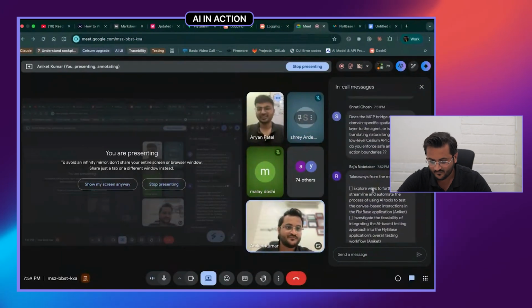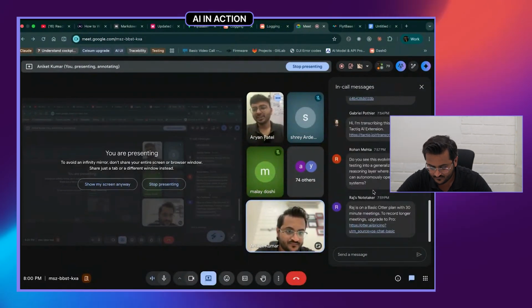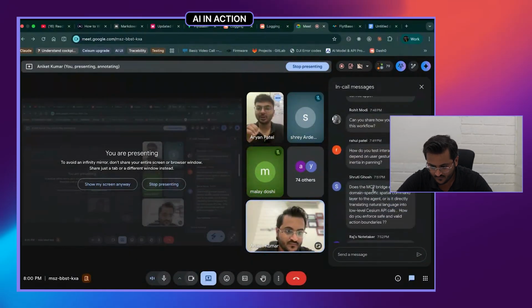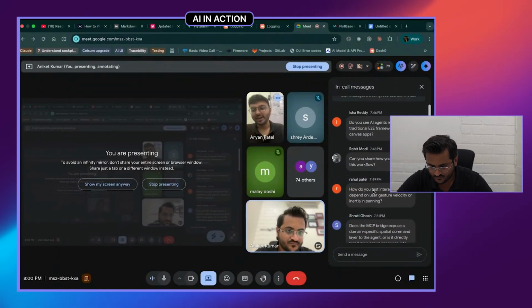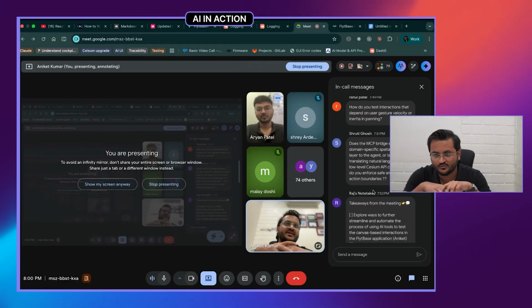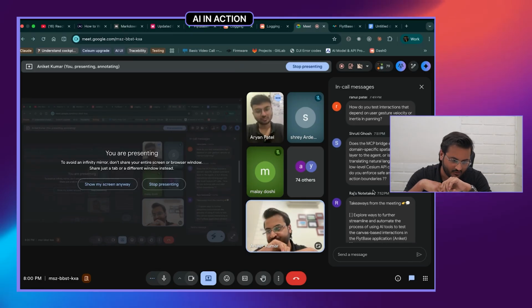Yes, thanks Rahul. Now Shruti has asked, does the MCP bridge expose a domain-specific special command layer to the agent, or is it directly translating natural language into low-level Cesium API calls? How do you enforce safe and valid action boundaries? So basically, we are not exposing native Cesium API calls.